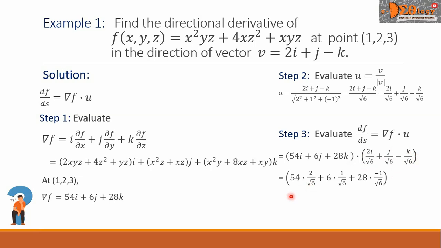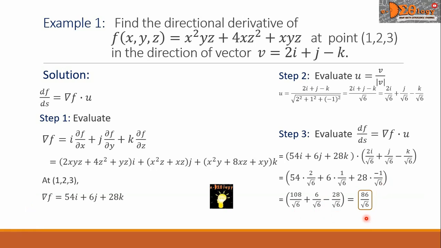So we have now this 54 times 2 over square root of 6 plus 6 times 1 over square root of 6 plus 28 times negative 1 over square root of 6. We can simplify this into 108 over square root of 6 plus 6 over square root of 6 minus 28 over square root of 6. And the final answer here will be 86 over square root of 6.